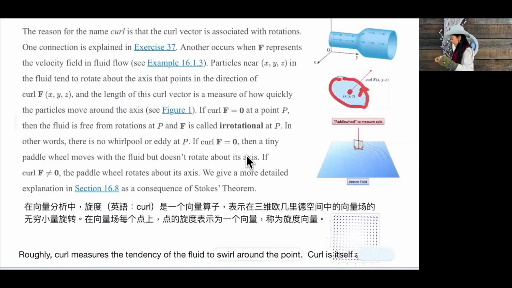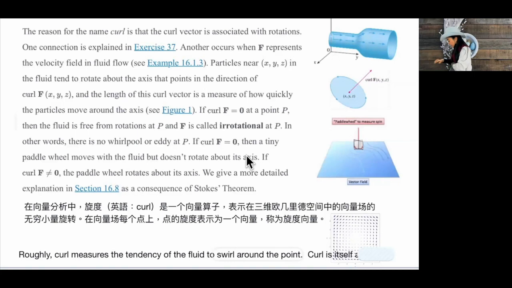That is curl. The magnitude of this curl is a measure of how quickly the particles move around the axis. And then the direction is going this way. So it will swirl around this way, then the direction of that curl goes this way.